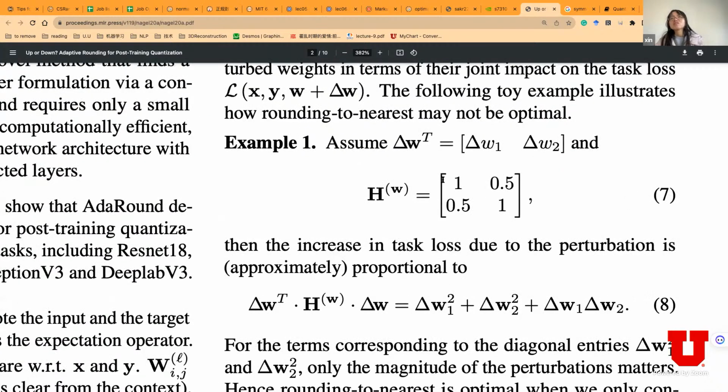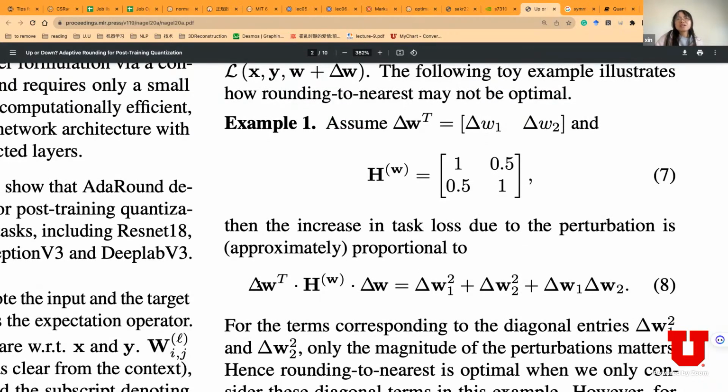For the second order term, assume the Hessian matrix is a simple 2x2 matrix. When we calculate the second order term, it is equal to the summation of delta W1 squared, delta W2 squared, and delta W1 multiplied by delta W2.